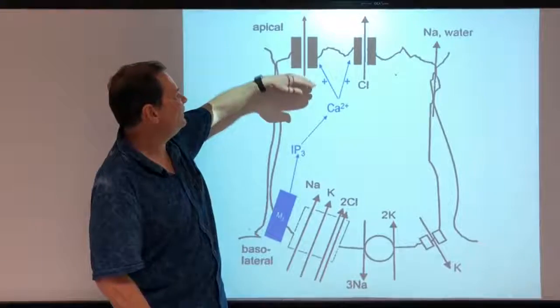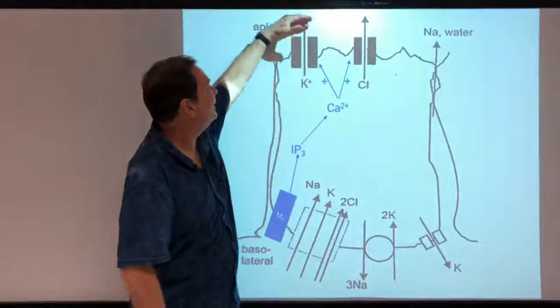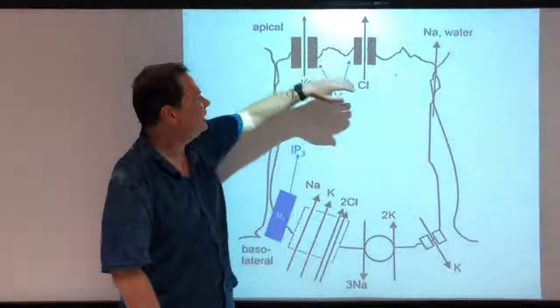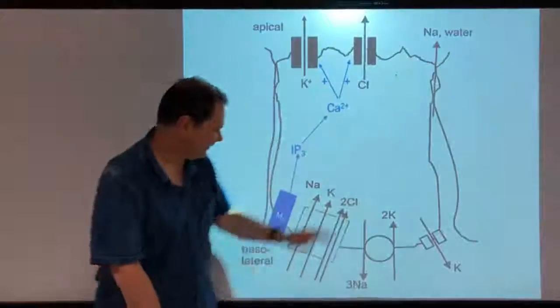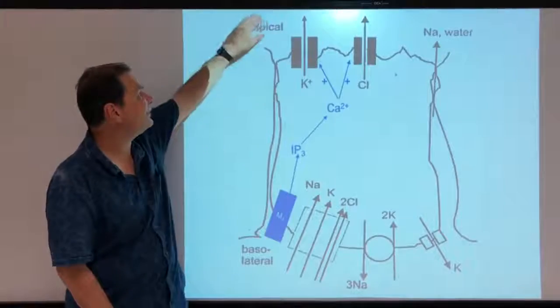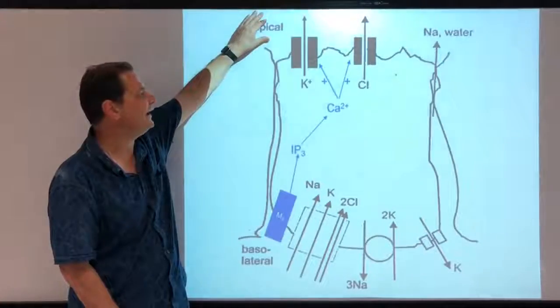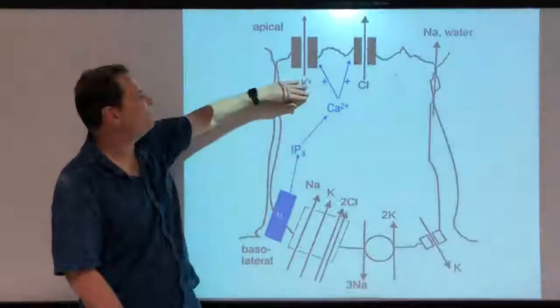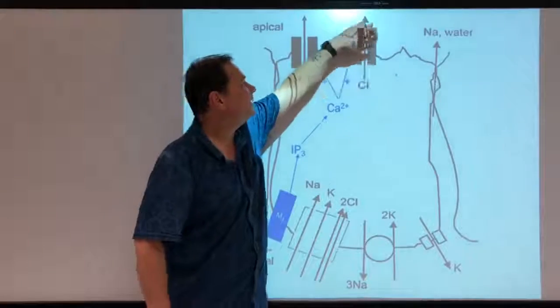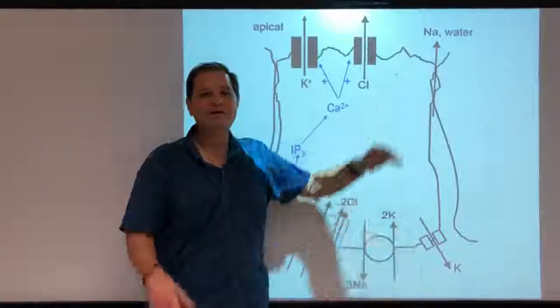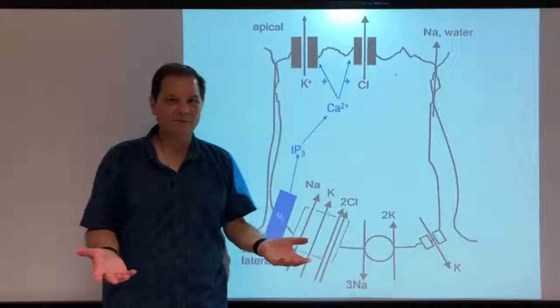Chloride and potassium go from the inside of the cell to the lumen of the gland. This is the basolateral side, this is the apical side, this is the lumen of the gland. So you have more ions accumulating in the lumen. That means the osmolarity is going up.